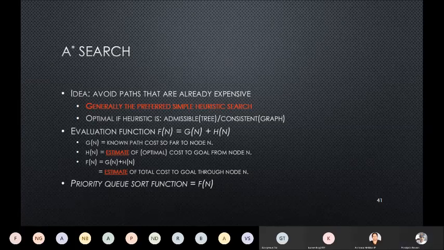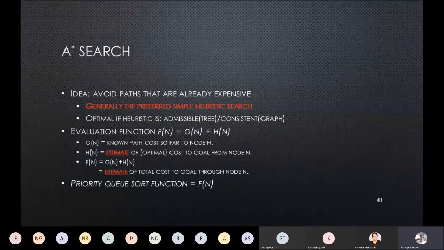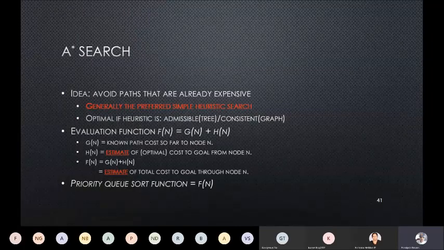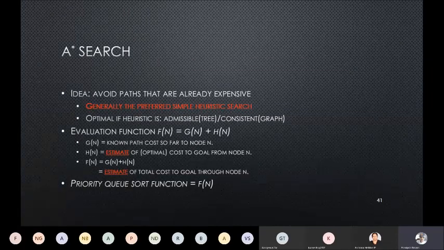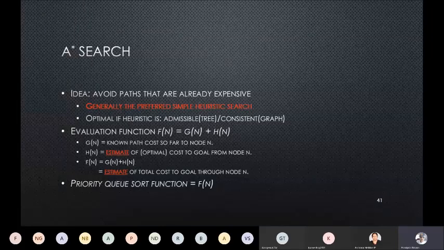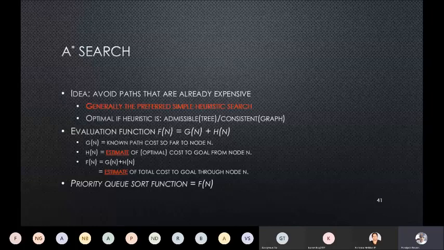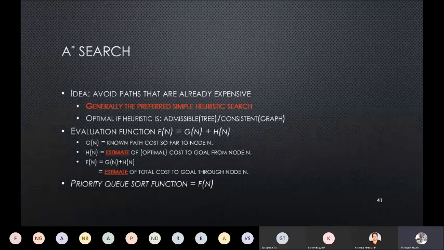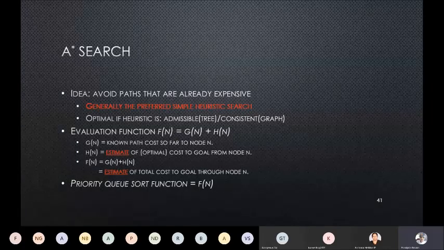The main idea of A-star search is that it avoids paths that are already expensive, while generally preferring the simple heuristic search. There is a condition called admissible heuristic, and for graphs it will also need to be consistent. But without going into the proof, you can just remember that if all these cost functions, like the distance, fuel consumption, time, are all positive, then A-star search is optimal.